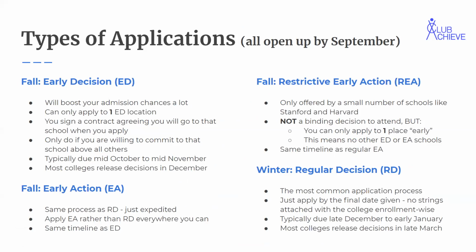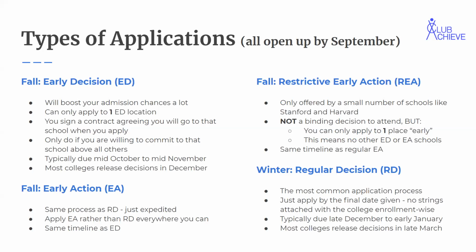If they have earlier rounds, the regular round is usually during December and January. That is perfectly fine if you just want to apply to everything then, but the later you apply, the later you get your decisions, because these decisions come in March. Commitment day for choosing your college is on May 1st.